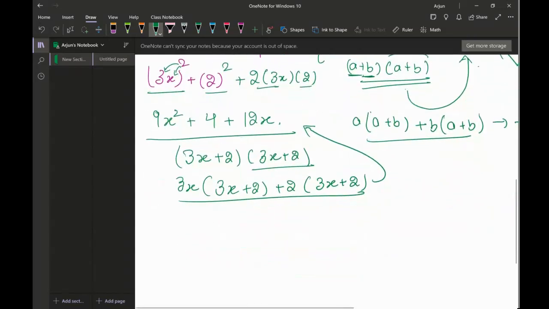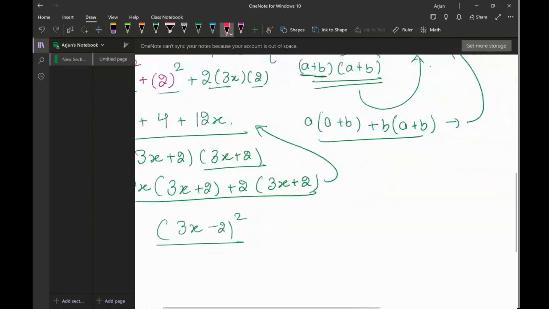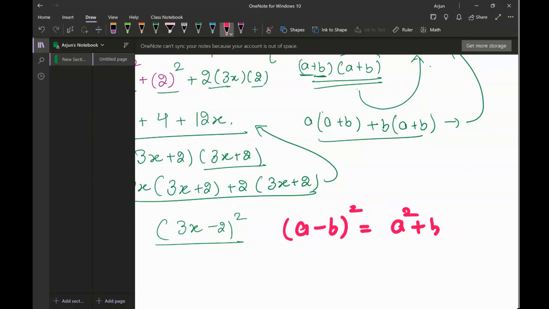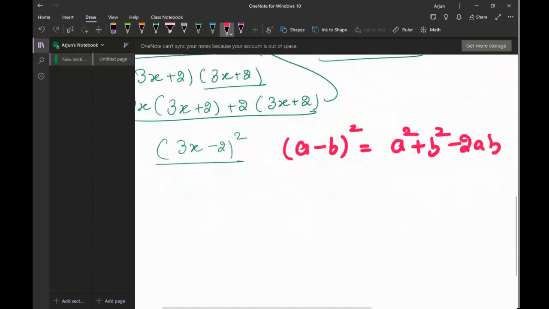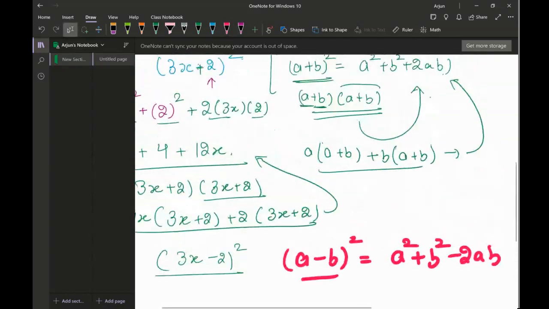Now going back to the original question, which was (3x - 2) squared. If the question looks like this, then another formula I can use is (a - b) whole squared, which is equal to a squared plus b squared minus 2ab. Notice in this one, when there's a negative, we use the minus 2ab. When there is a positive, we use the plus 2ab.